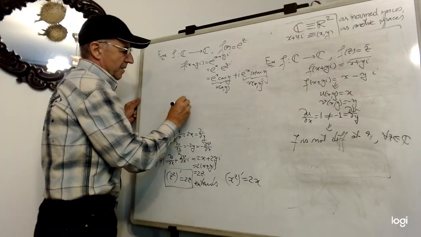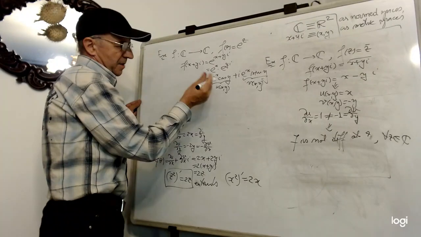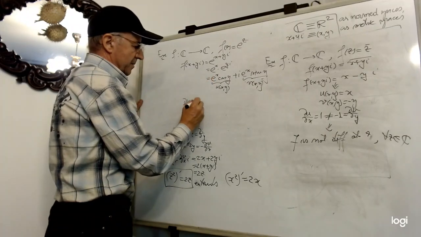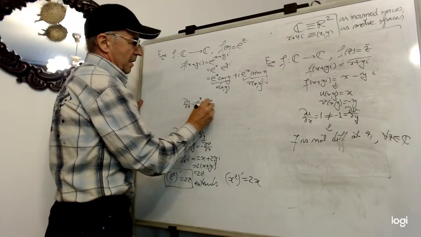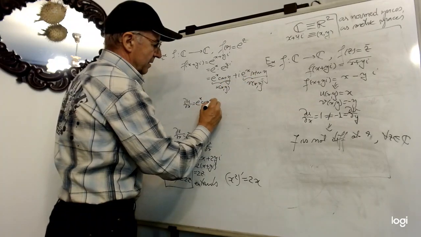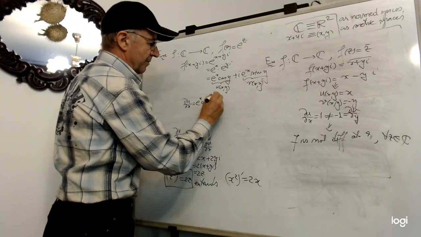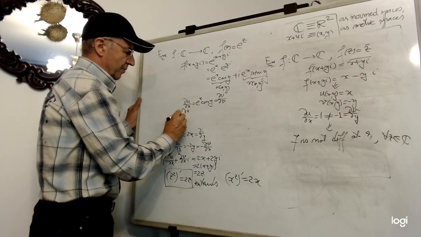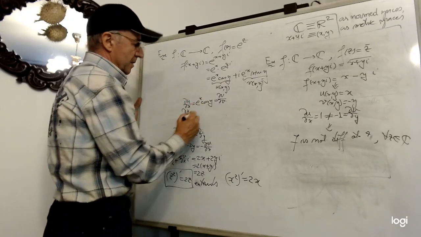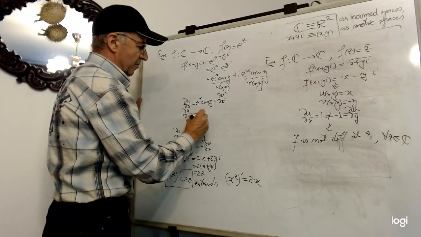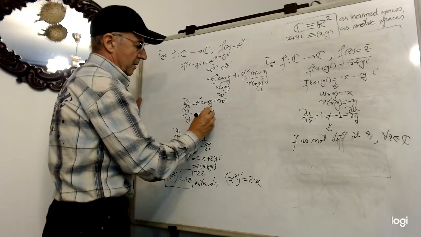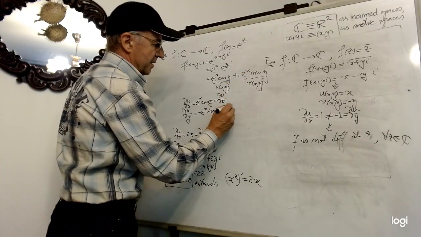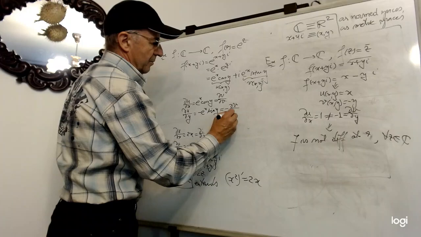In this case, the derivative of u with respect to x at an arbitrary point is exponential of x cosine of y, which is exactly the same as the derivative of v with respect to y, and the derivative of u with respect to y is minus exponential of x sine of y, and this is minus the derivative of v with respect to x.